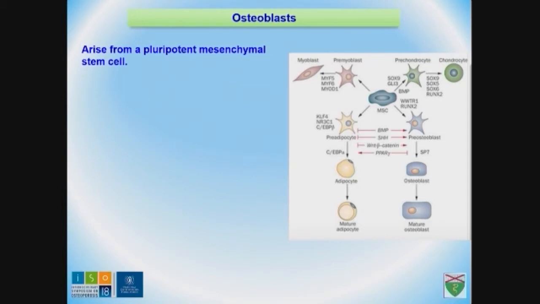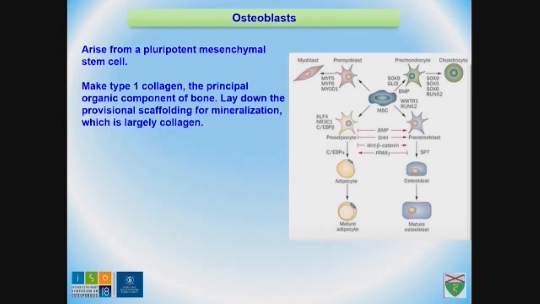And there are a whole host of hormonal and cytokine factors that regulate the distribution of these mesenchymal stem cells to these various fates. Their main job in life is to make type 1 collagen, which is the principal component of that provisional scaffolding that we need to make before we can mineralize it as new bone. It's largely type 1 collagen.